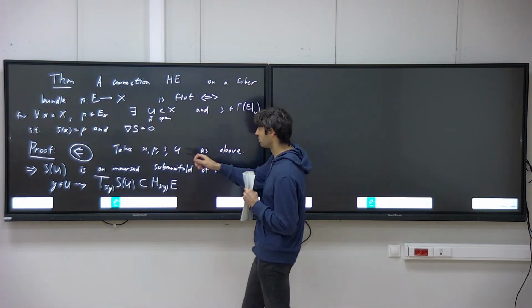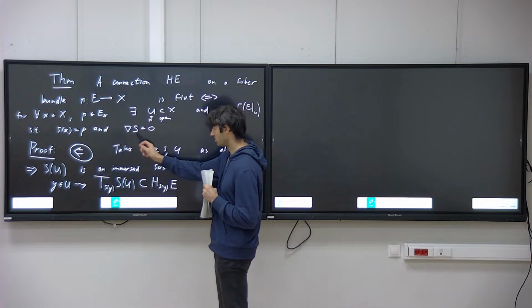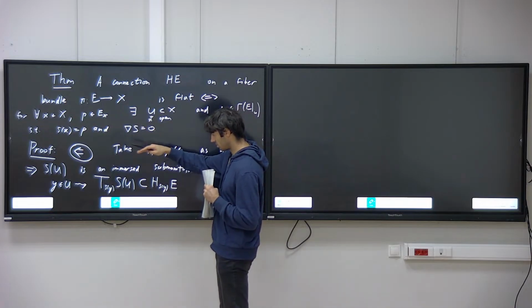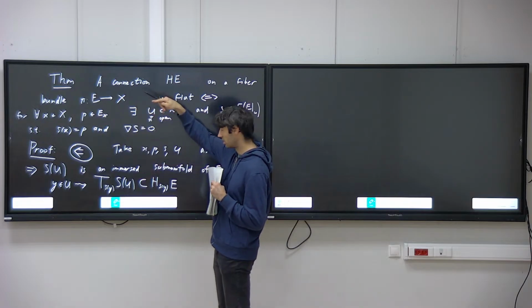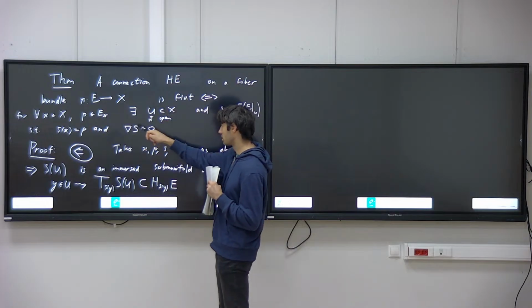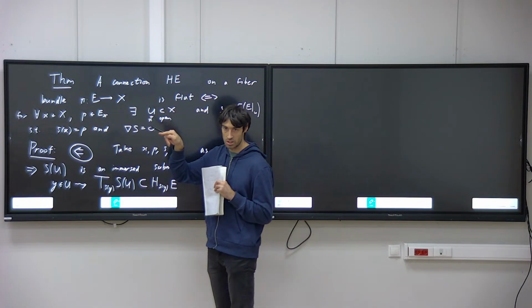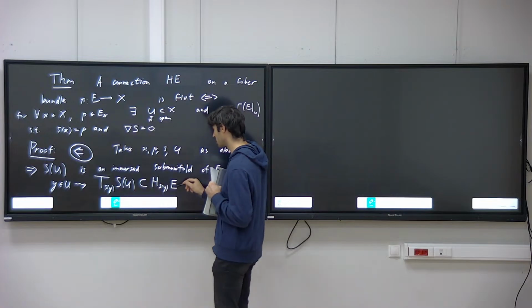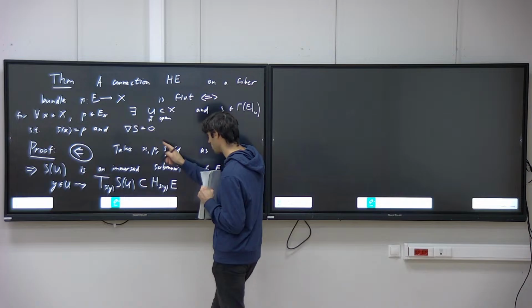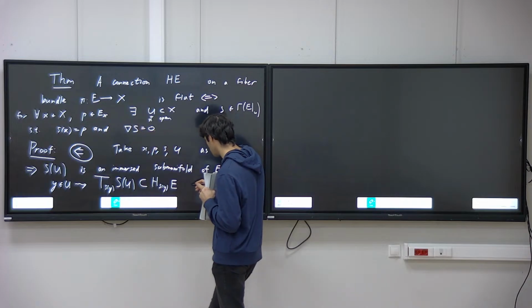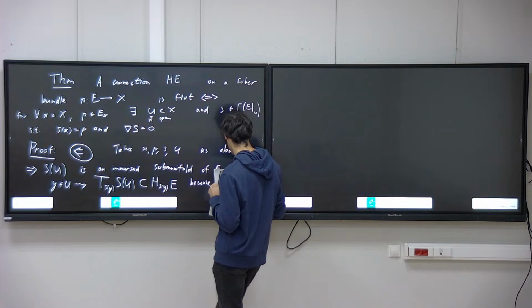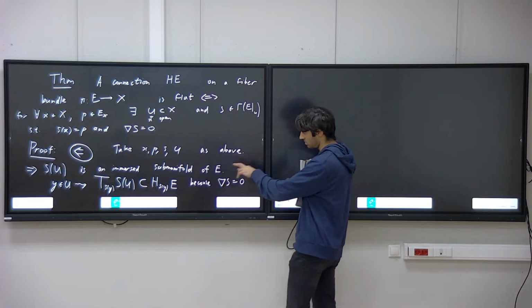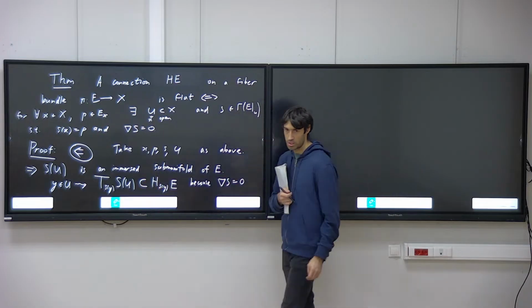So basically, if I consider the dS, which sends me a vector from the base to the vector at the point p, then this condition says that it is in the horizontal direction, right? So therefore, this is just an implication of nabla S being 0.